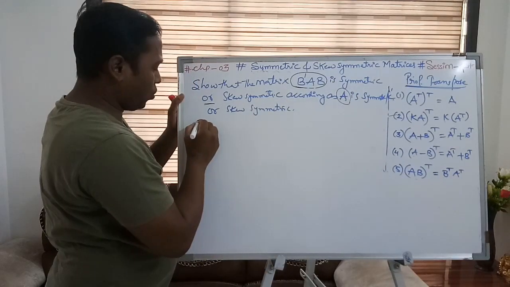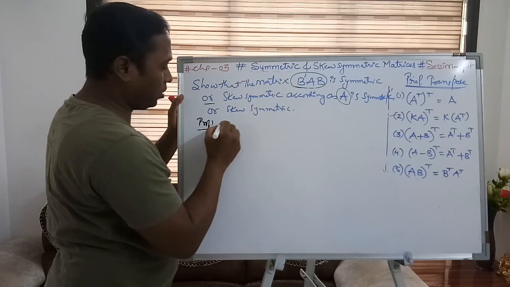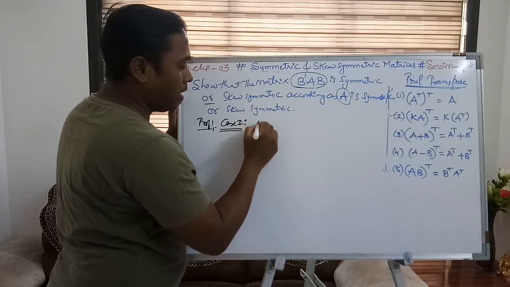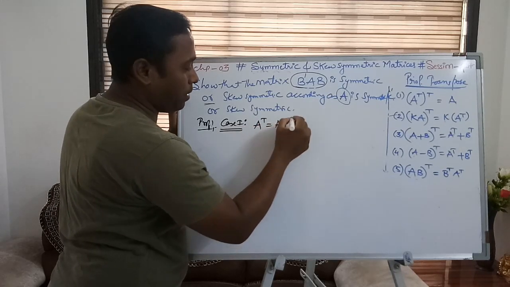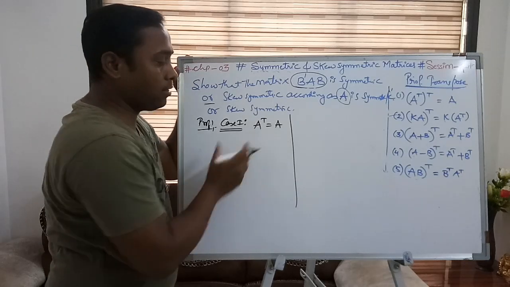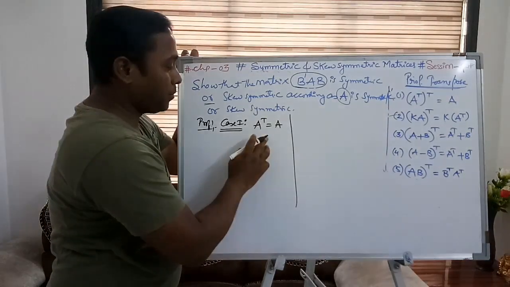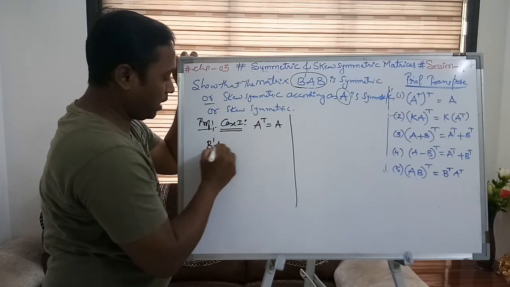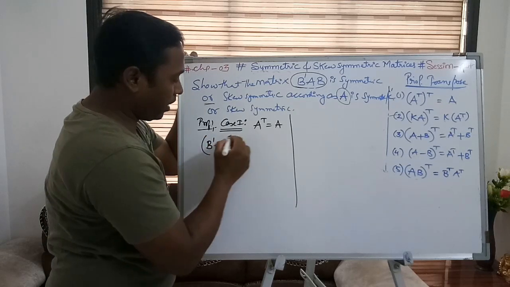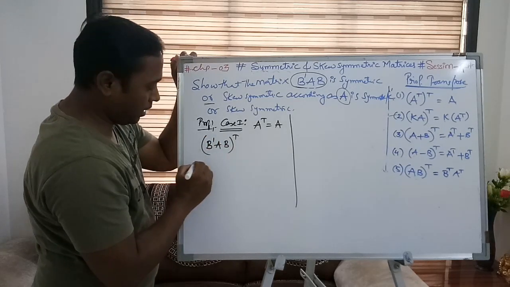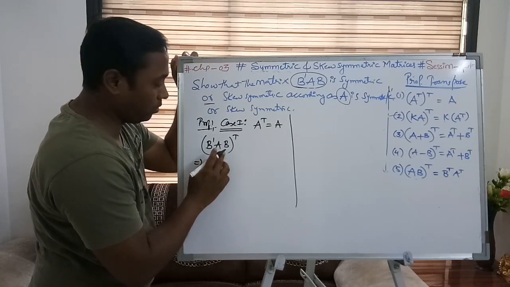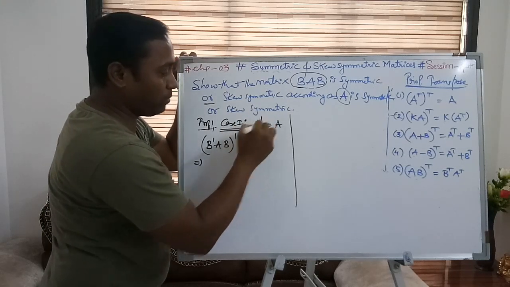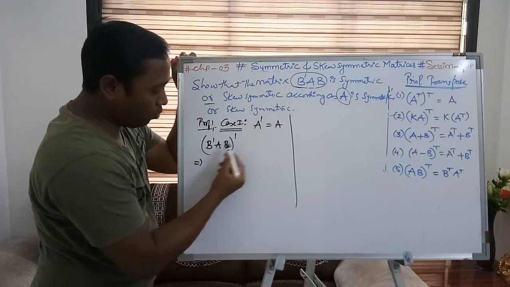Let's try. So to prove, first I am considering case 1. In case 1, I am taking A transpose is equal to A, means I consider A as a symmetric matrix. Then I am taking this B dash A B whole, and now I am taking its transpose. Just by the rule of reversal of transpose, I can open this.